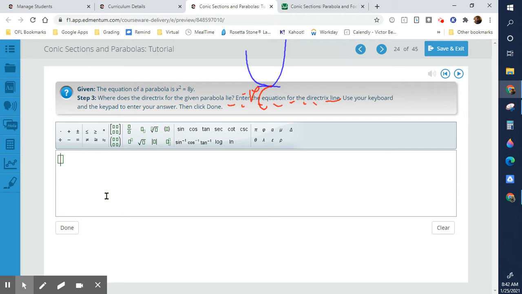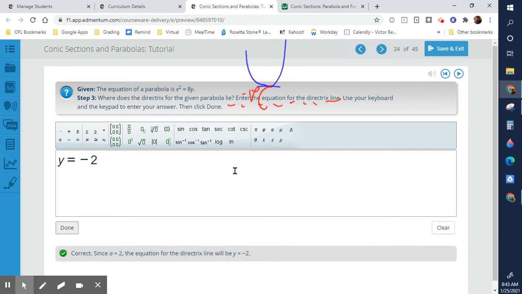Oh wait, no, it's a line. This is a y value because all the y values are the same. So we're going to say y equals negative 2. We're subtracting 2 from the y value of the vertex, and that gives us the line for our directrix.